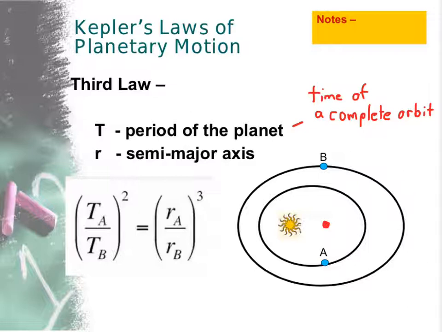Well, if you draw a line from the center of the ellipse out to its edge along the longest part of the ellipse, this distance from the center out to here is what's called the semi-major axis.